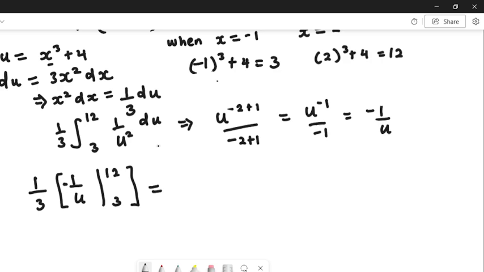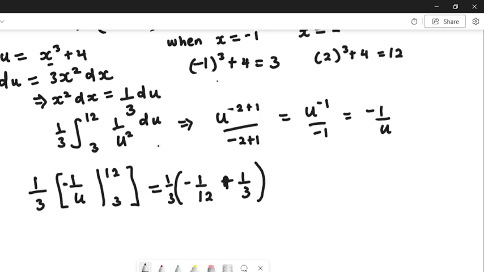That gives us -1 over 12 minus, which gives a plus, 1 over 3, and remember our third is still there.